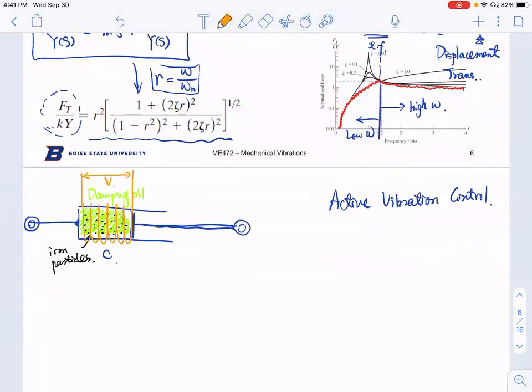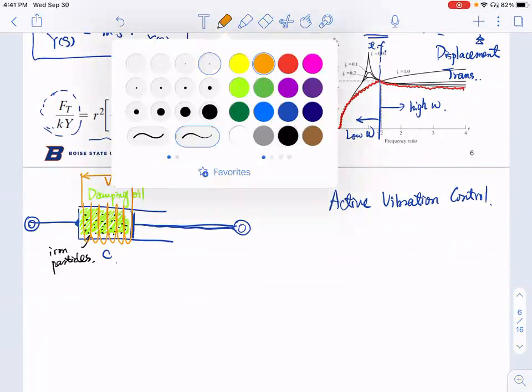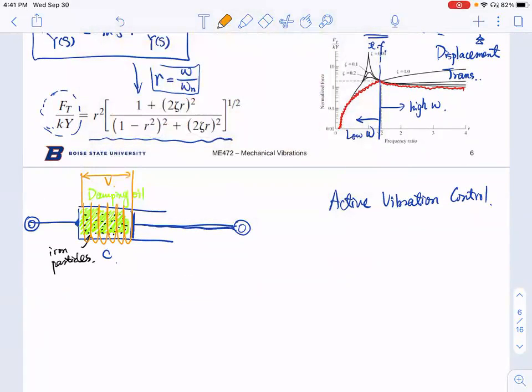So there are two cases. When no current is applied, then your particles will be distributed uniformly in the dashpot. So in that case, when you have no voltage, you have low damping.